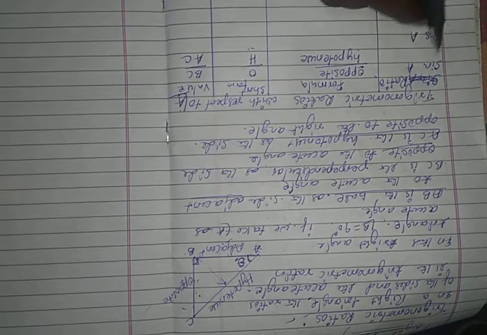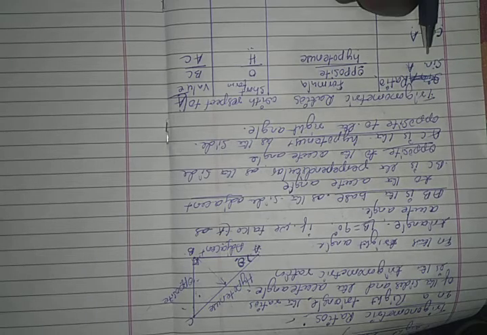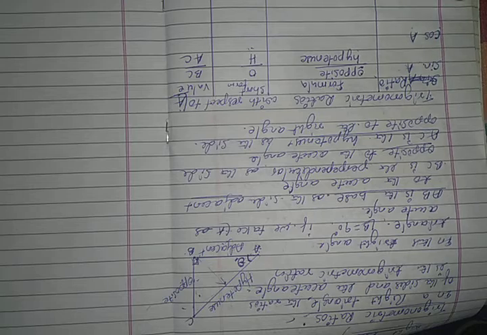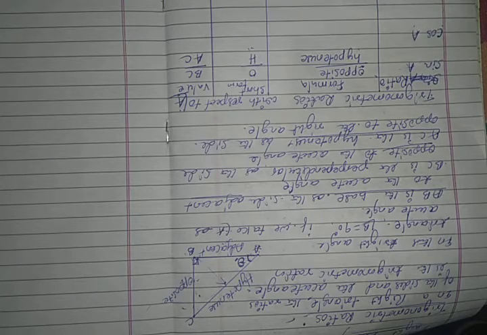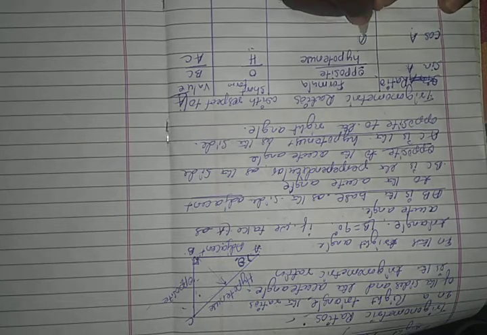And then what is the second ratio? Cos A, very important. Cosine of angle A. What is the formula of cos A? That is adjacent divided by hypotenuse. Very important.